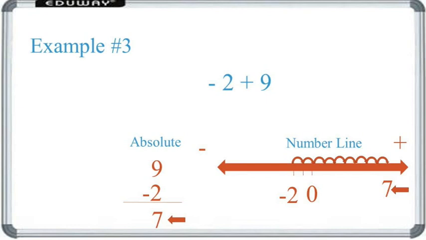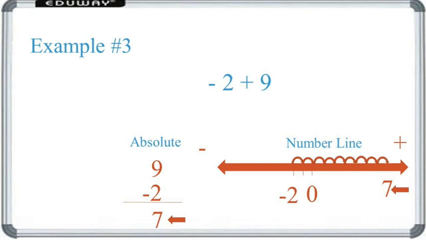Okay, let's solve this using the absolute value method. We have to look at our signs. We have a negative 2 and a positive 9. The signs are different. The rules say that when the signs are different, you need to subtract the absolute values.